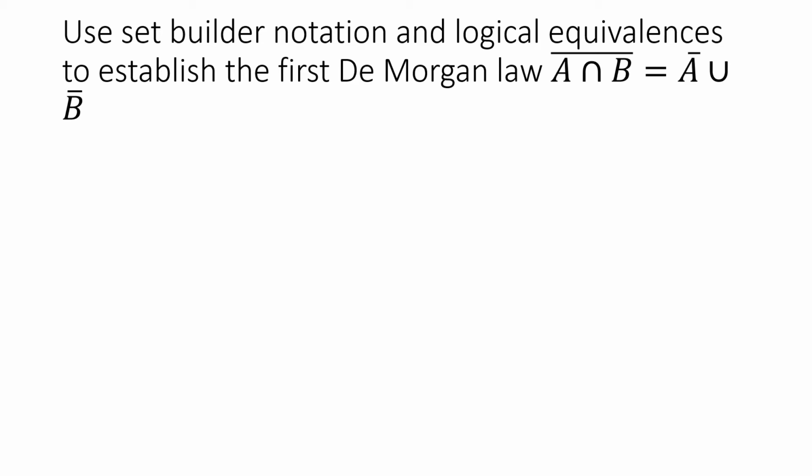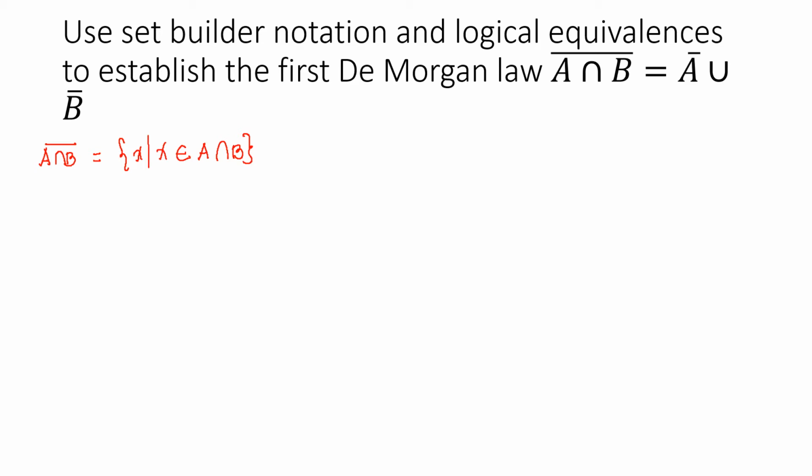the complement of A union B is actually a set of X such that X is not an element of A union B. So this is actually by the definition of the complement.